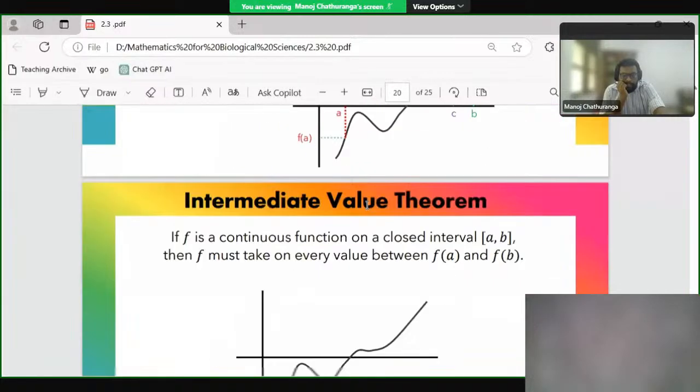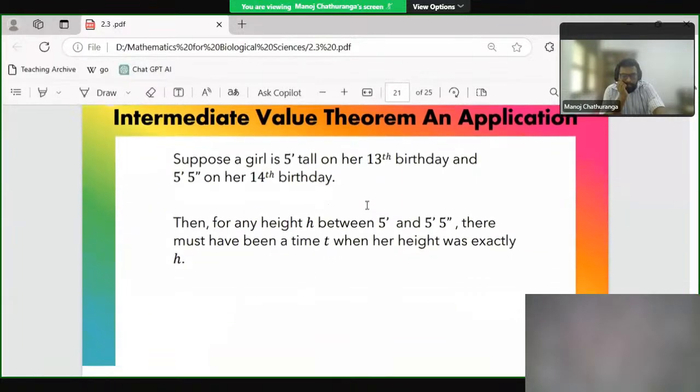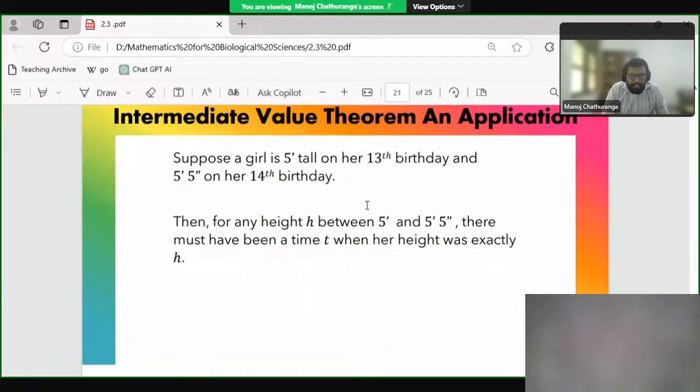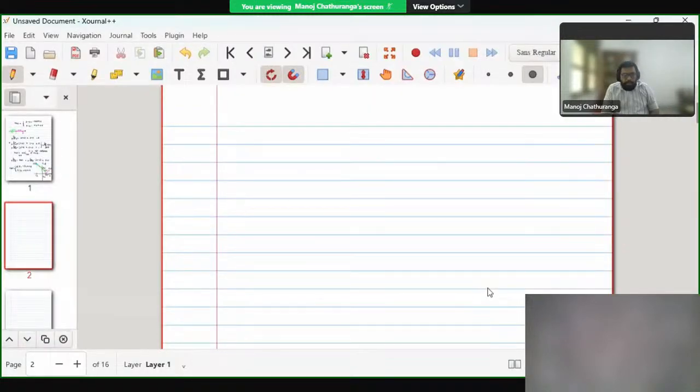Let me give you a real world example. Suppose a girl is 5 feet tall on her 13th birthday, and 5.5 on her 14th birthday. So I can say height of the girl is a function of time. And every time we can measure her height.